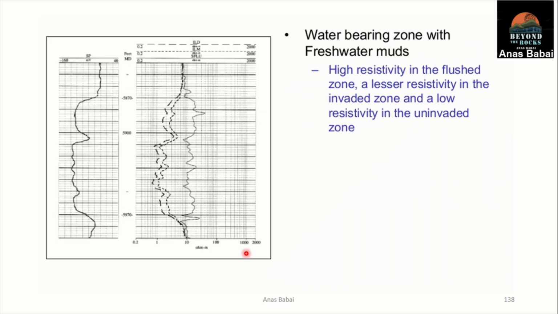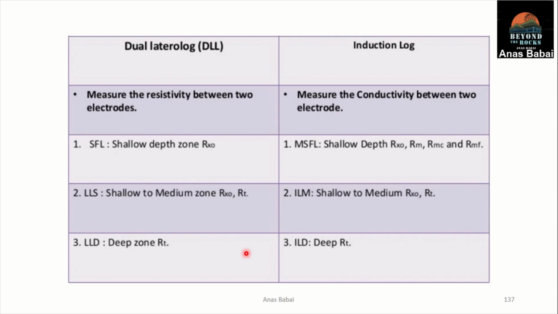So starting from there, the spherical focused log actually measures the resistivity in the flushed zone, and the Laterolog shallow or induction log medium measures the resistivity in the invaded or transition zone, while the Laterolog deep or induction log deep measures the resistivity in the uninvaded zone.